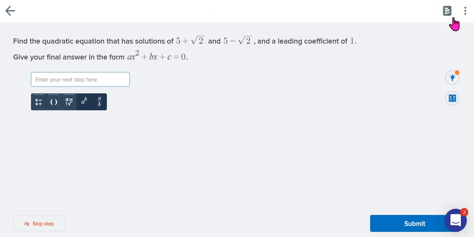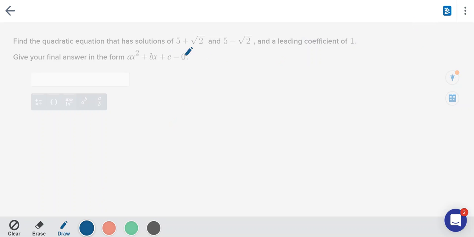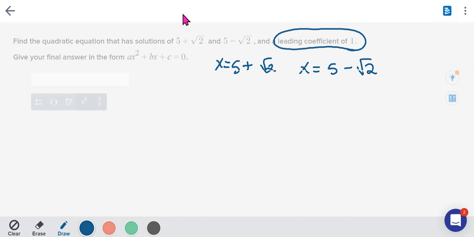Oh, okay, similar idea here, but notice that we have radicals, and notice that I was actually given the conjugate zeros, and it told me that the leading coefficient is 1. All right.